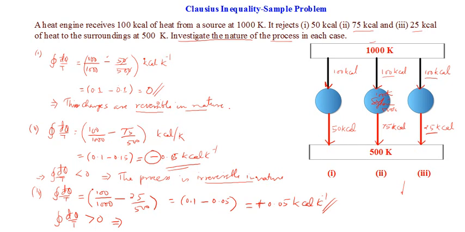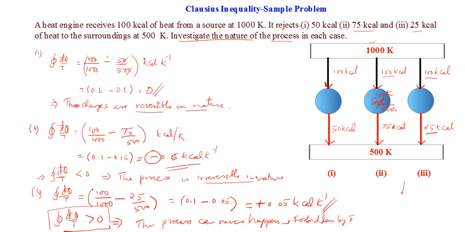So it means that this particular design of the engine can never happen. This process can never happen, or it is forbidden by the second law.